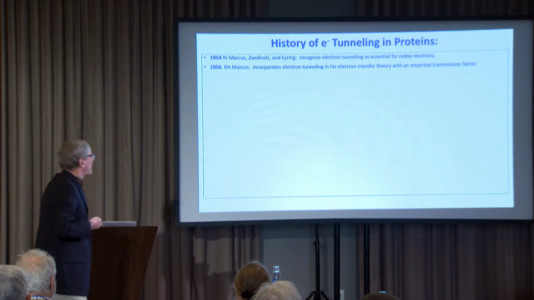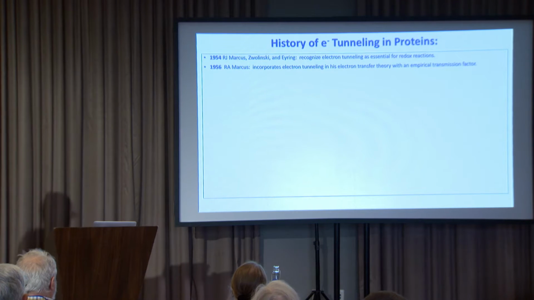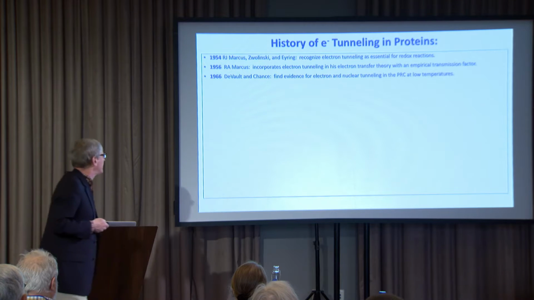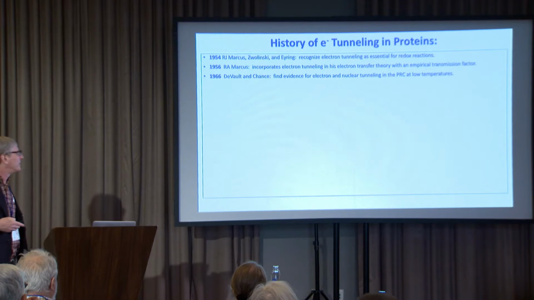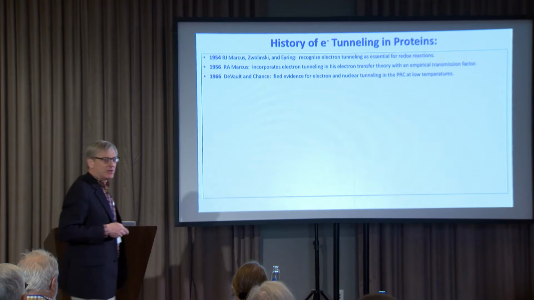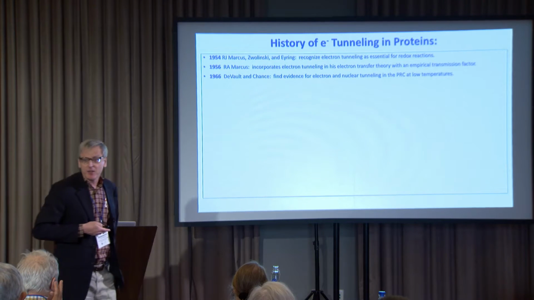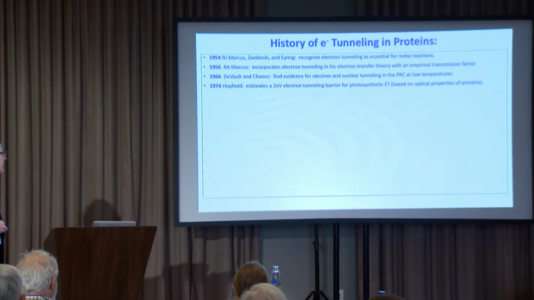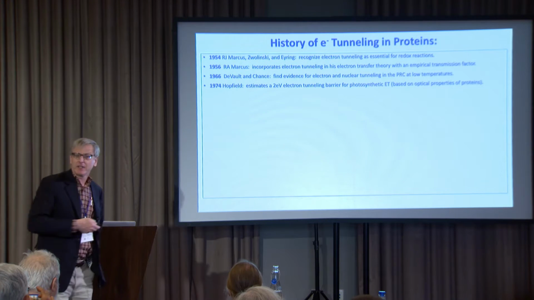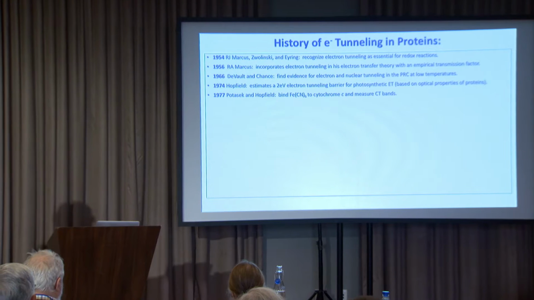And Rudy Marcus, as Jose said, introduced this as an empirical transmission factor, no detailed quantum mechanics. DeVault and Chance measured the heme refilling in the special pair down to low temperatures and implicated both electron and nuclear tunneling in those reactions. Hopfield, using some clever estimates associated with the optical properties of proteins, guessed a 2-electron volt barrier for tunneling, not a bad estimate on average.